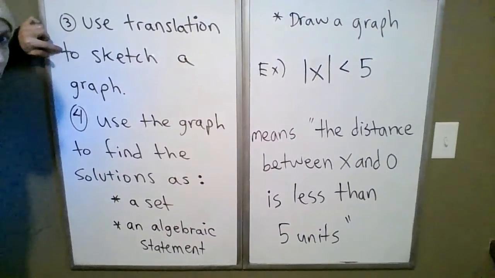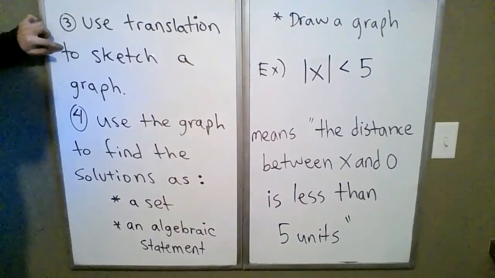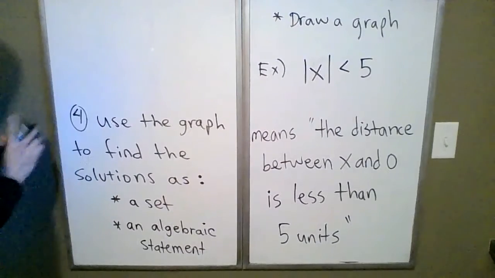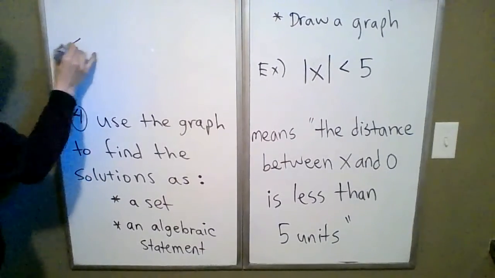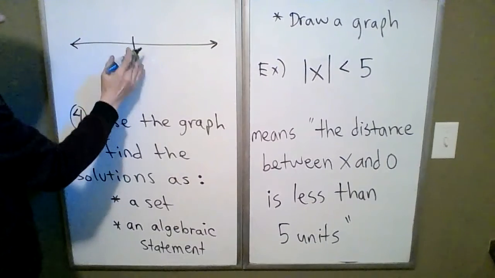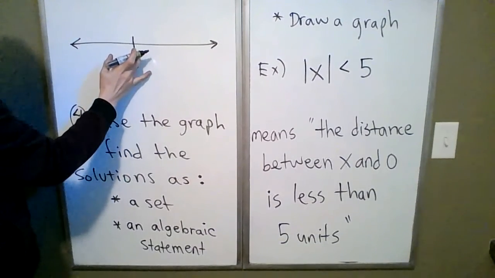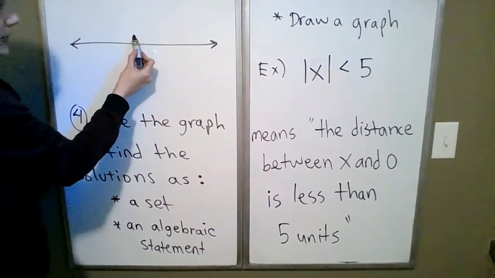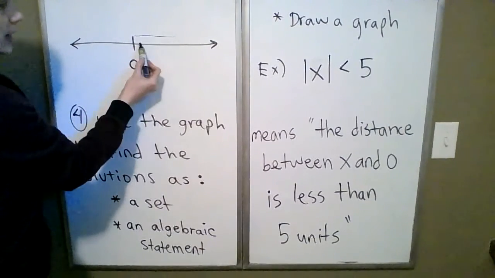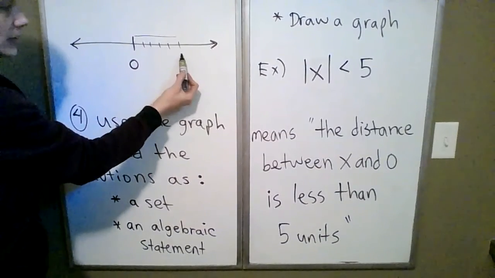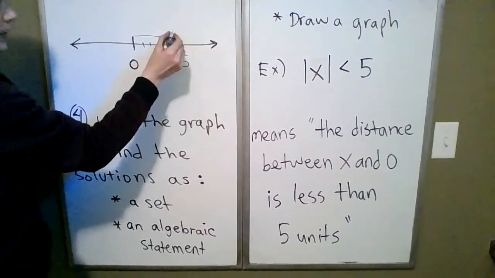We're going to use what that says to sketch a graph. Definitely going to want to place 0 and then go a distance from 0. The distance between x and 0 is less than 5 units. So we can go 5 units to the right, but not actually include 5. Very, very close, but don't include.